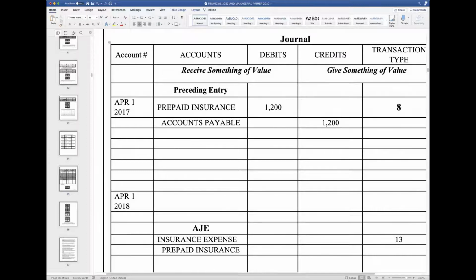Yeah, 9 months gone. So it's $900, right? Yeah, $900. That's correct. $100 a month. So April 1st, April to December is 9 months. So by December 31st, that insurance is used up.